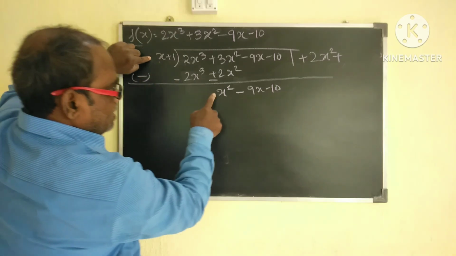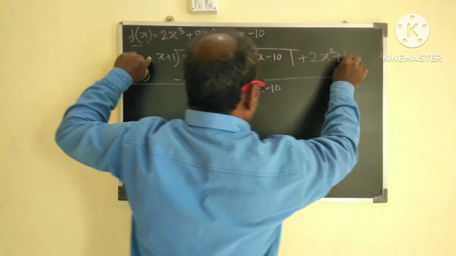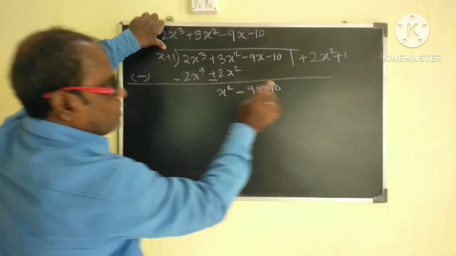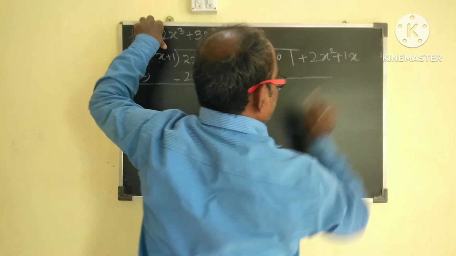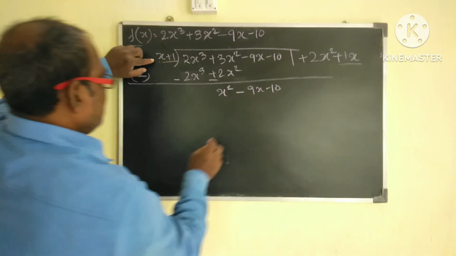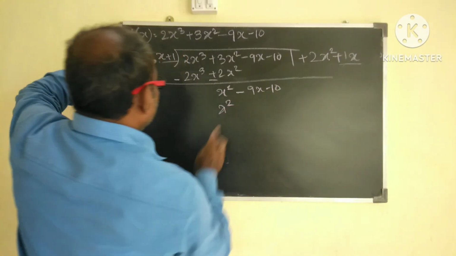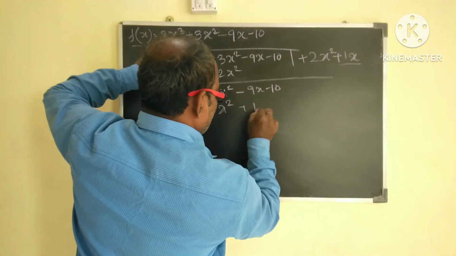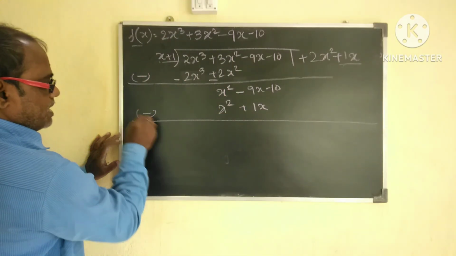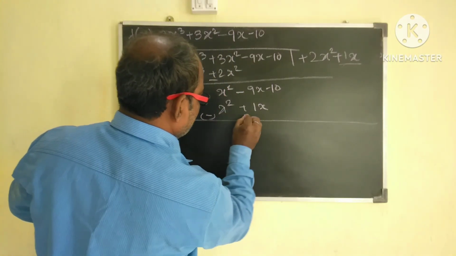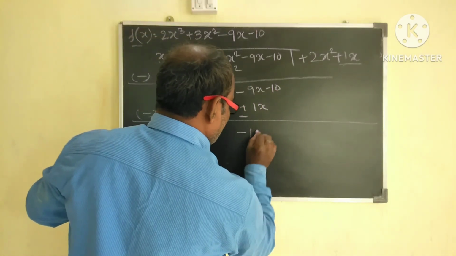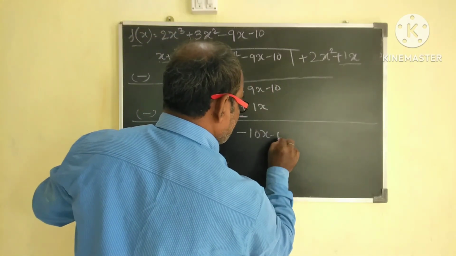Here it is 1, here it is 1, so write 1. The power is 2 minus 1 is 1, so write x. Now multiply 1x with the divisor, and we get x square plus 1x. Again do subtraction, this becomes minus, so the x square gets cancelled off and this becomes minus 10x minus 10.